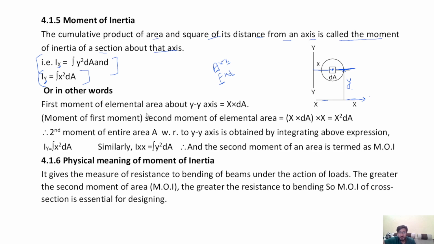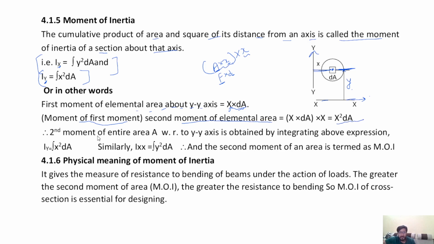So the first moment of elemental area about the y-axis is x into dA, where x is the distance and dA is the elemental area. For the second moment of elemental area, this is again multiplied by x. Moment of moment, that means x squared dA.